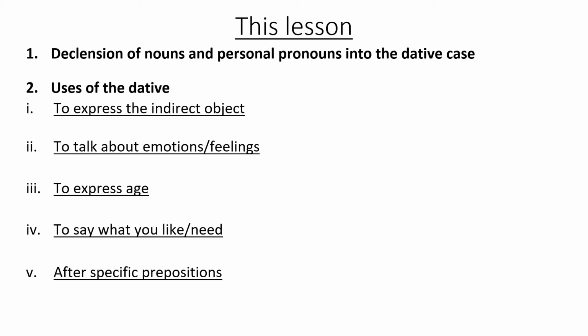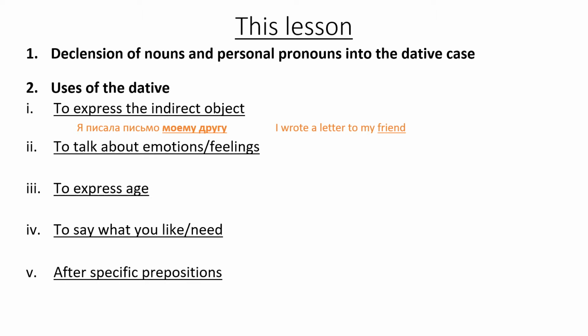The dative case serves a few specific purposes in Russian. First, it is used to express the indirect object of a sentence, that is, the recipient of an action. For example, in the sentence, I wrote a letter to my friend, I is the subject, wrote is the verb, a letter is the object, my is the possessive pronoun, and friend is the indirect object.